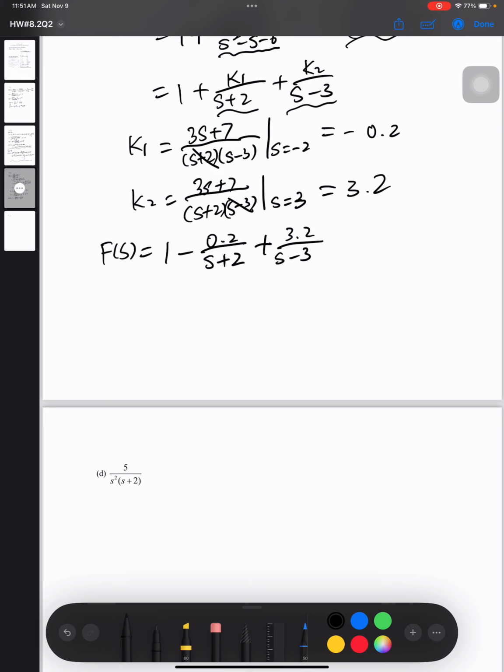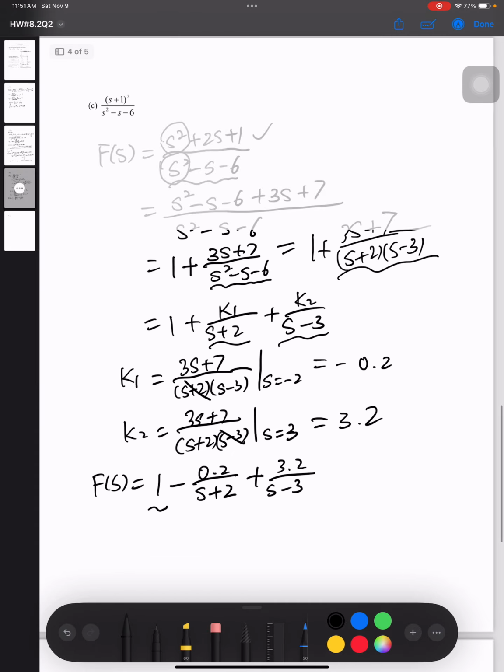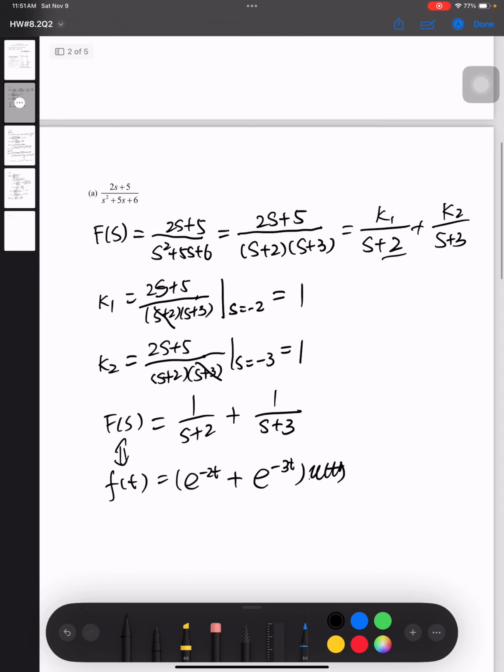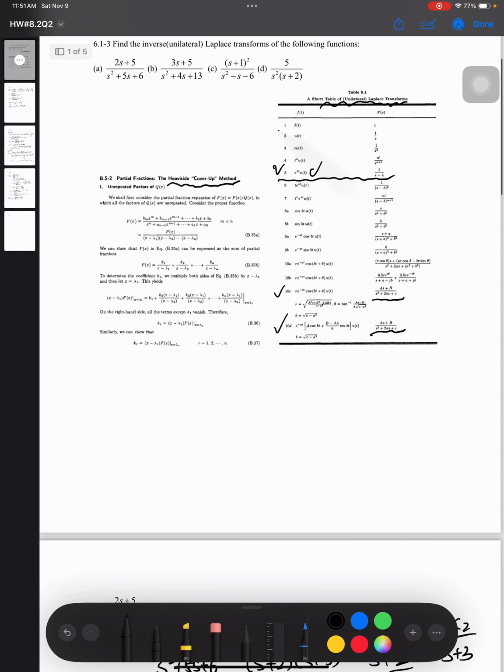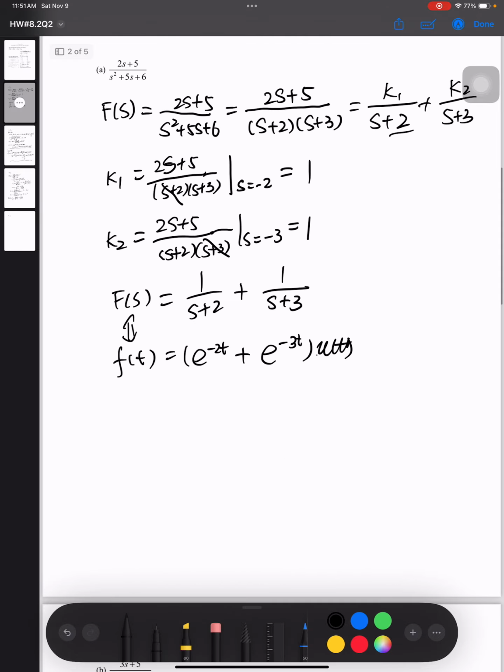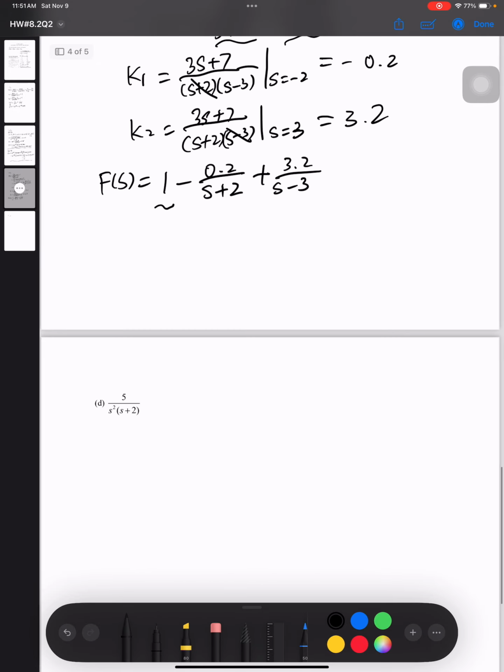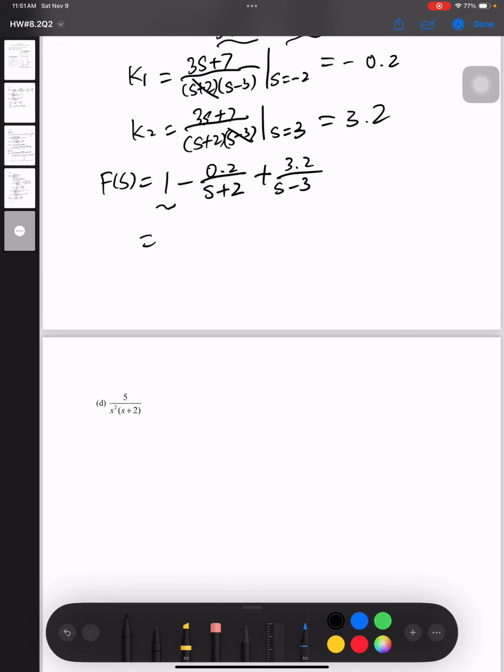And similarly, we use the table. This time there is a 1, so we can still check the table, which means the inverse Laplace transform of 1 corresponds to the delta function, delta t. So f(t) for this part is delta t, and for the others it is e to the lambda t times u(t).